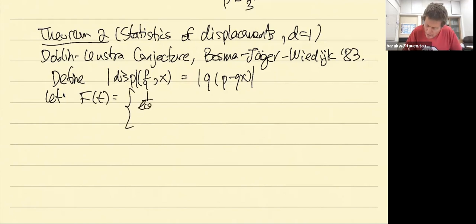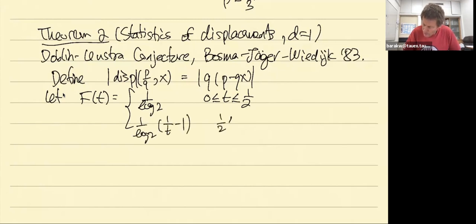It's constant for t's between 0 and 1/2. And it's the same constant multiplied by 1 over t minus 1 for t's between 1/2 and 1. So f is a density, a probability measure.